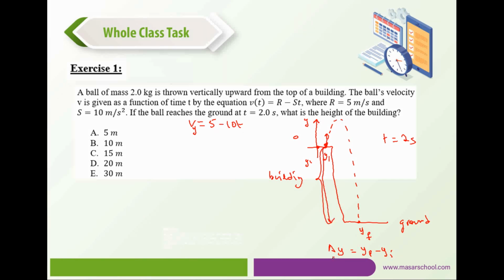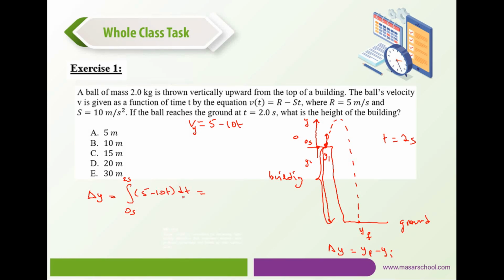Then the magnitude of this delta y would represent the height of the building, and this can be calculated using a definite integral, delta y computed between 0, which is the point of launch, so here we suppose 0 seconds, to 2 seconds of the function 5 minus 10t dt.